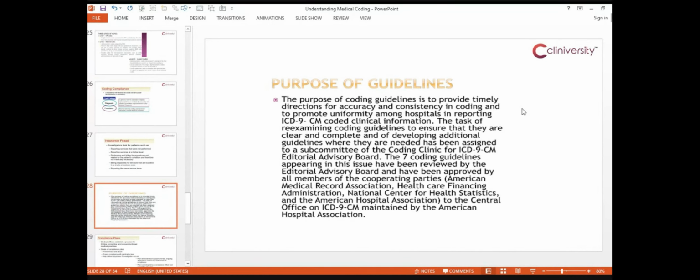The seven coding guidelines appearing in this issue have been reviewed by the Editorial Advisory Board and approved by all members of the cooperating parties: the American Medical Record Association, Healthcare Financing Administration, National Center for Health Statistics, and American Hospital Association, to the central office on ICD-9-CM, presently ICD-10-CM, maintained by the American Hospital Association.